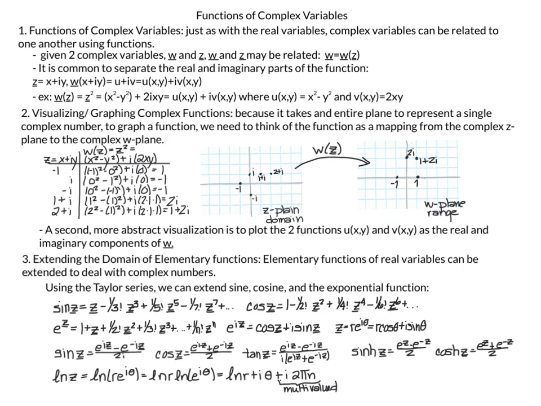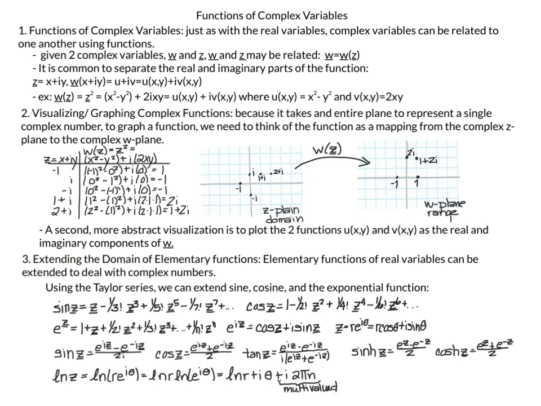And we did this example of w equals z squared, and we said the number -1 would get mapped to 1, and i gets mapped to -1, and we could put the arrows, but essentially these points get mapped to these points over here. And there was a second, more abstract visualization, which is to plot two functions u and v, which we talked about before, as the real and imaginary components of w, but we really didn't get into that because the visualization here is what's usually used.